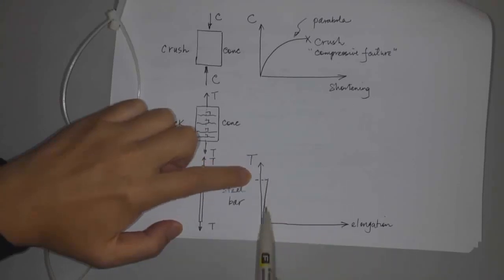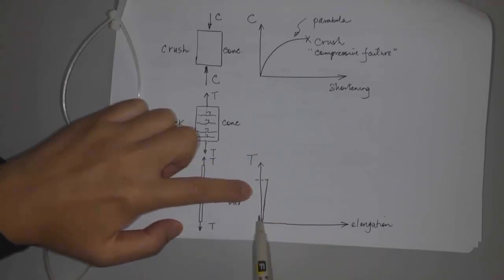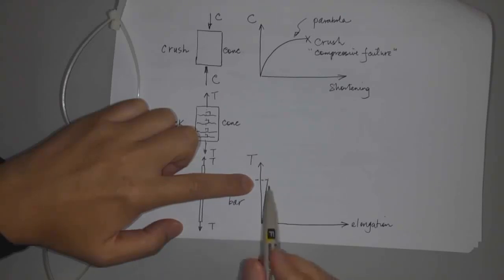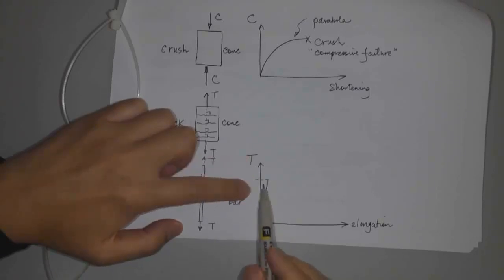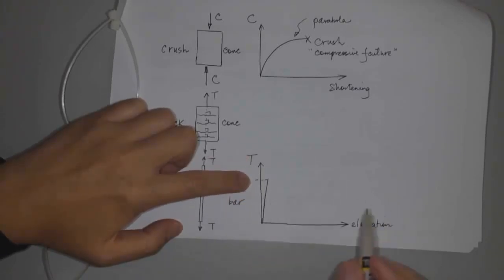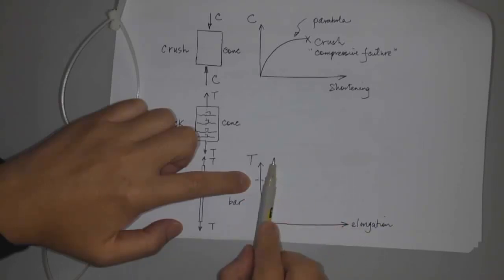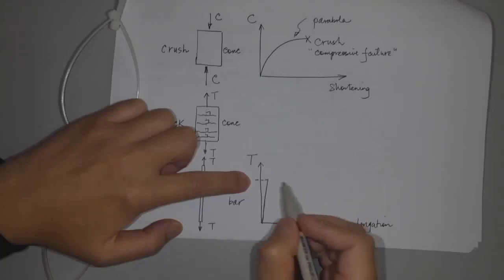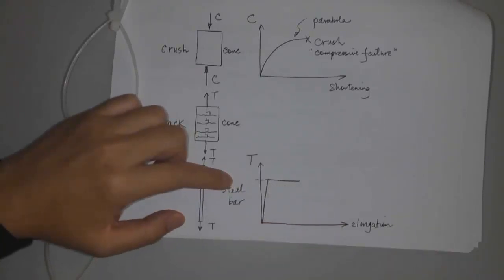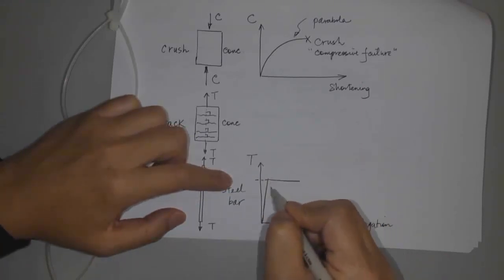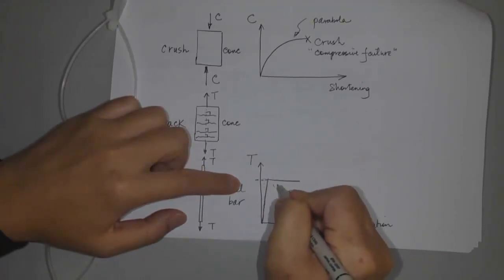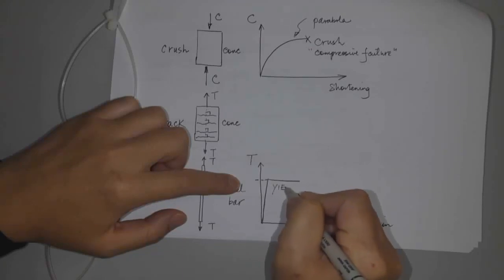Of course, you can see that when you keep applying T, the thing gets longer. That's why you call it elongation, right? But when T reaches a certain value, this line suddenly changes from a steep line to a horizontal line. Like that. So this part is called yielding.